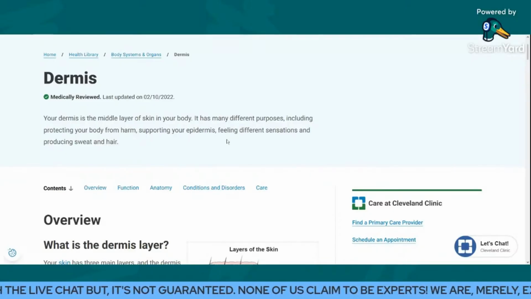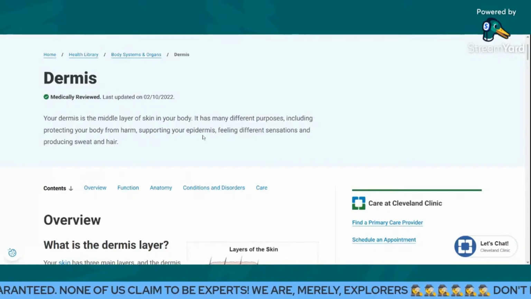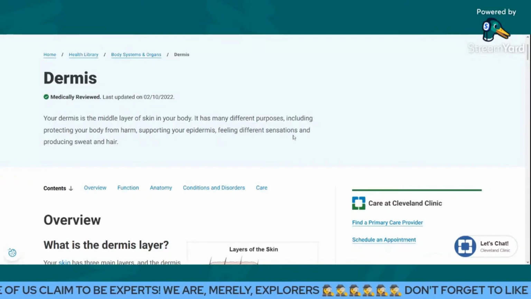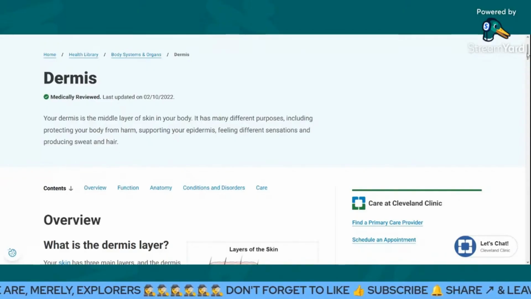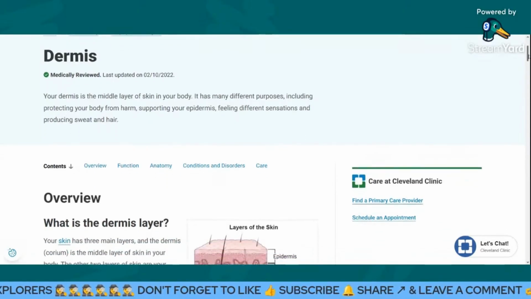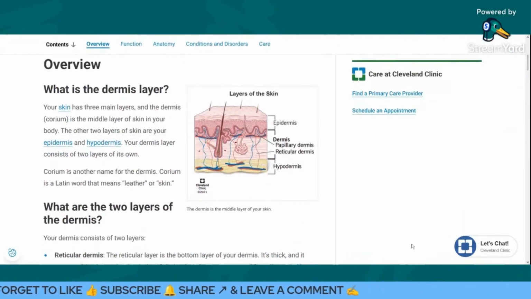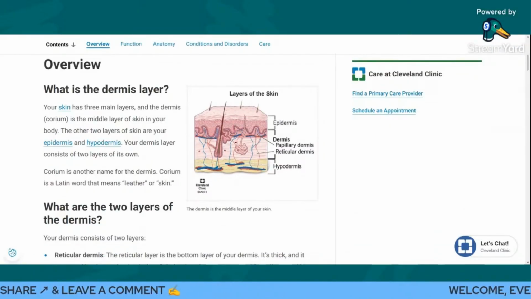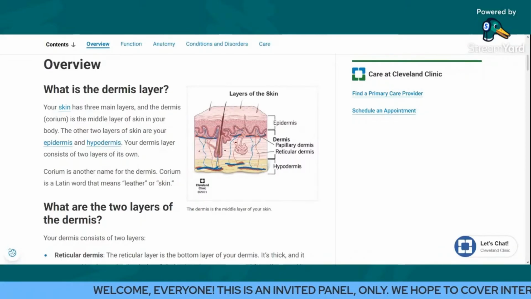It has many different purposes, including protecting your body from harm, supporting your epidermis, feeling different sensations, and producing sweat and hair. Okay, so it's the middle layer of your skin, and excellent, we've got a nice diagram here. What is the dermis layer? Your skin has three main layers, and the dermis, corium, is the middle layer of skin in your body.